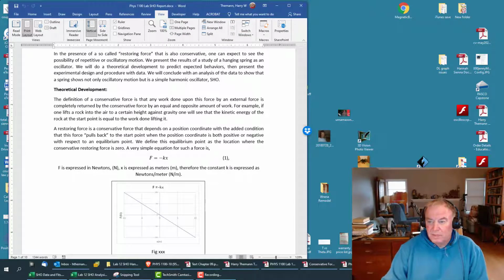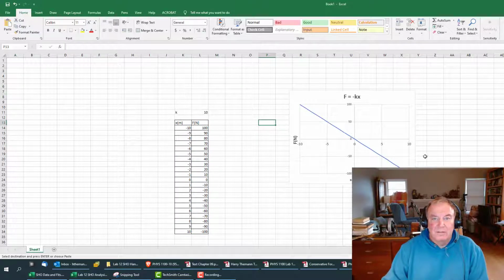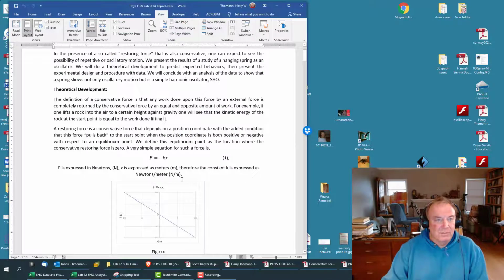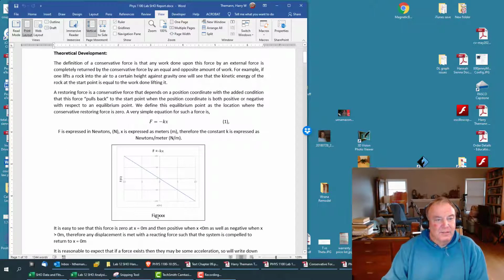And so then I made a little diagram, and just so you see the power of Excel, I just made a quick little diagram there for that. And figure XXX, okay, so in some place, figure so-and-so shows this. You have to play around with that.